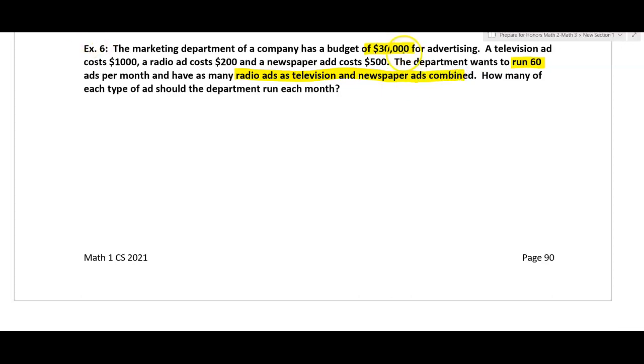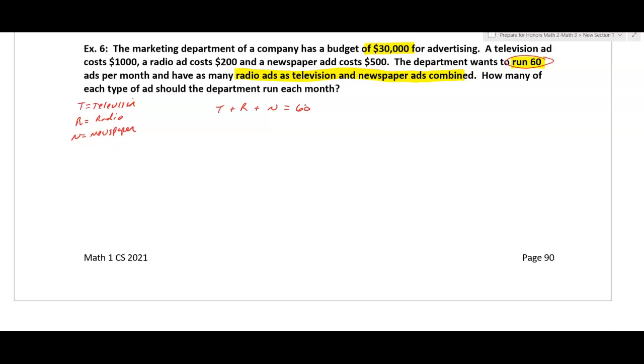So if we start with just the number of ads they want to run, I'm going to let T equal television, R equal radio, and then N equals newspaper. For the number of ads, we know the number of television plus the number of radio plus the number of newspaper has to add up to 60 total ads.